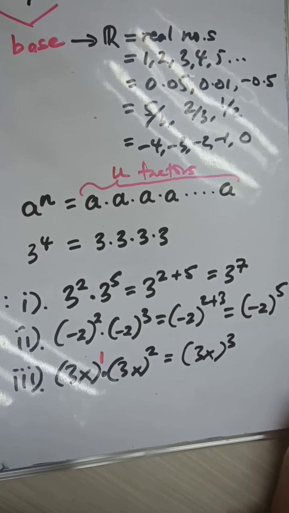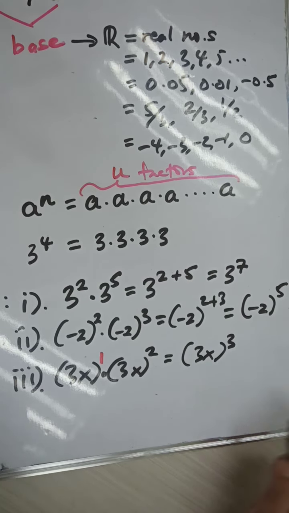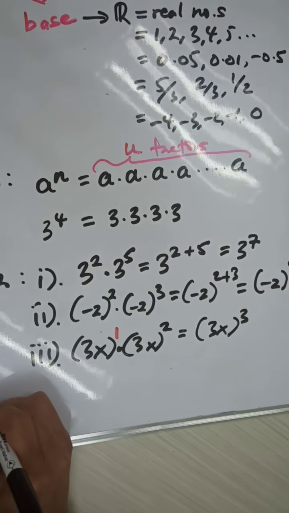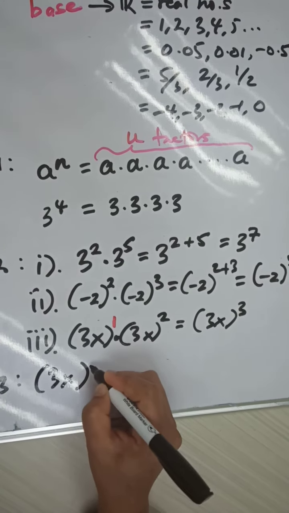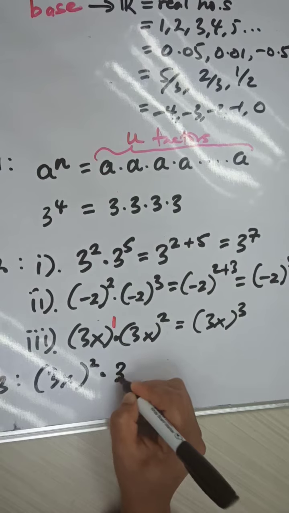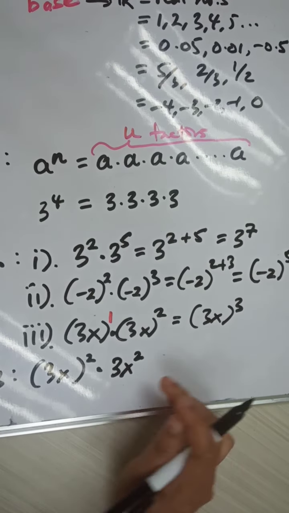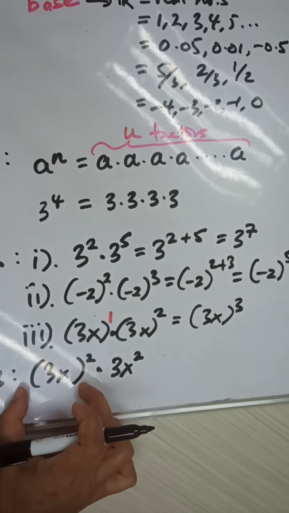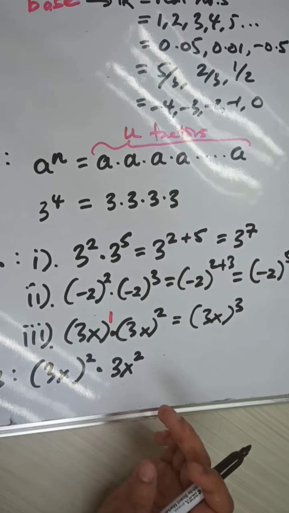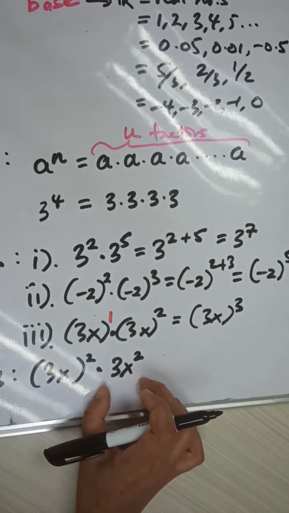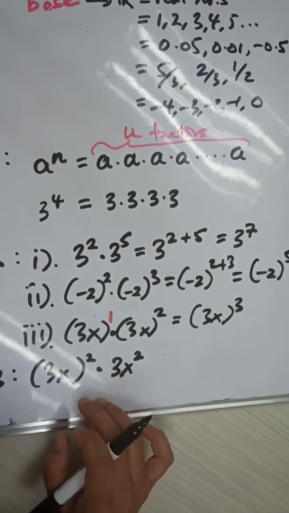Let's say I have here example 3. I have 3x power of 2 multiply 3x power of 2. Here, for the first one I have a bracket, and for the second one there is no bracket. So how can we solve this?